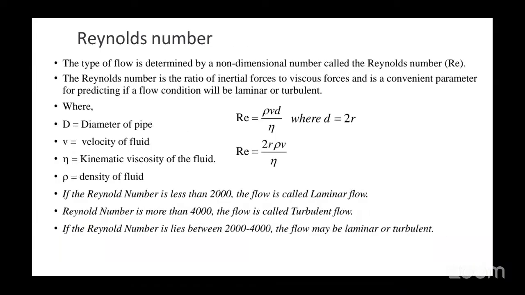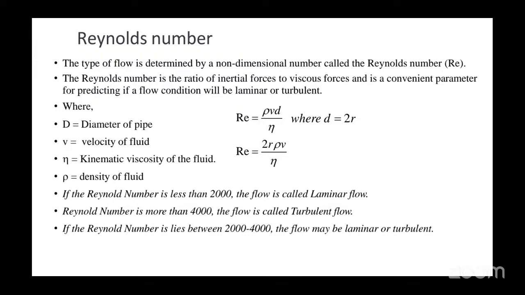Now, how do we know if the fluid flow is turbulent or laminar? We use what is called the Reynolds number. The type of flow is determined by a non-dimensional number called the Reynolds number.